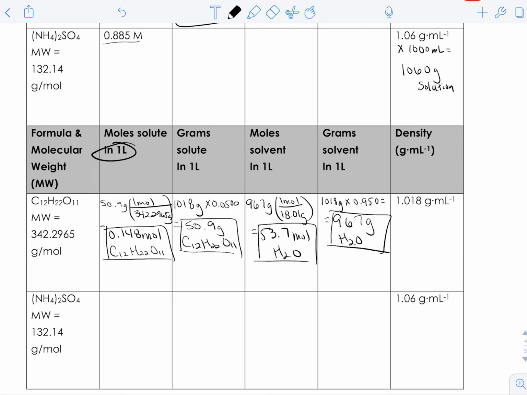We can also get our moles of solute by multiplying by 1 liter. Okay, next, let me do that all over here. So we could take our 0.885 molar times by 1 liter. That gives us 0.885 moles of ammonium sulfate.